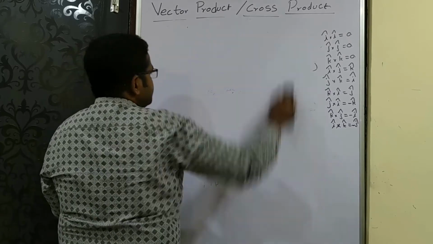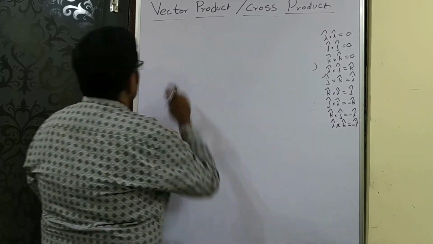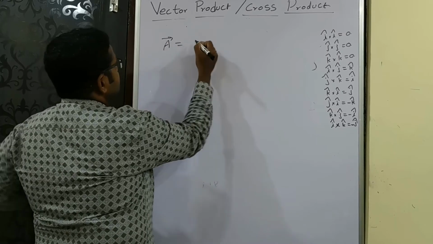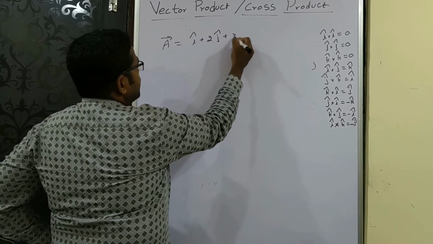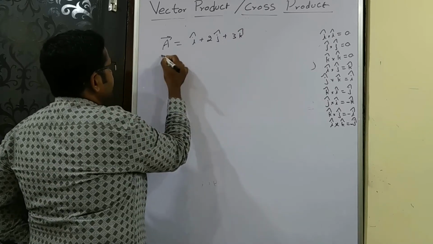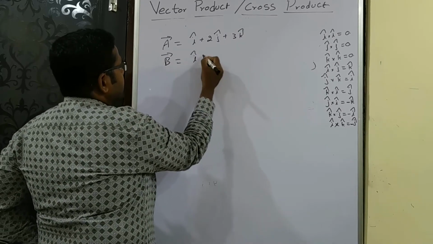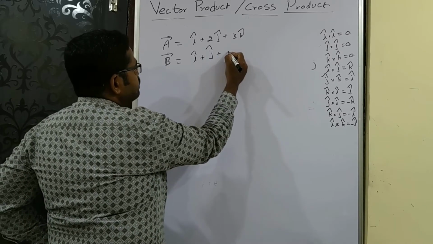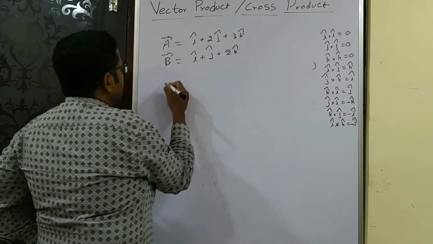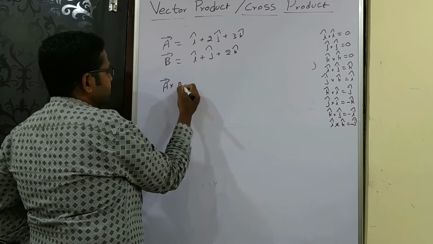There are two vectors. Vector A, which I can write as i cap plus 2j cap plus 3k cap. There is another vector, vector B, which is i cap plus j cap plus 2k cap. So how much is vector A cross vector B?